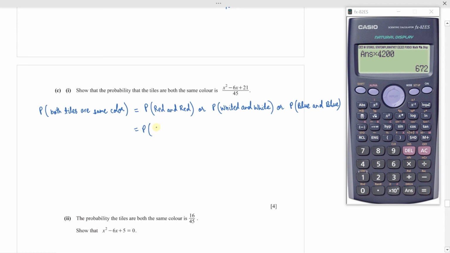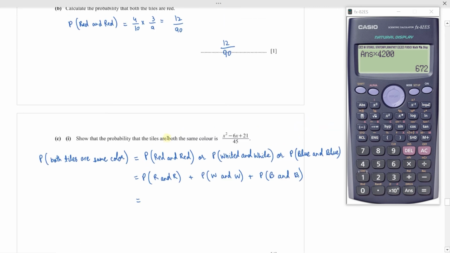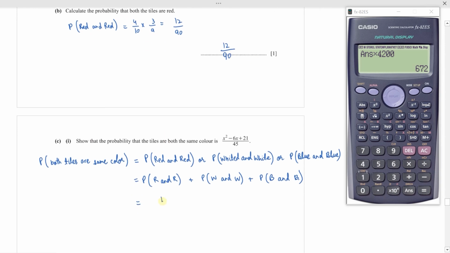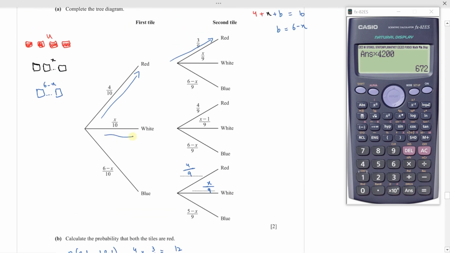I will abbreviate this, so the probability of red and red as R and R. Or means plus the probability of white and white plus the probability of blue and blue. So what is the probability of red and red? That you calculated in the previous part, that both tiles are red, is 12 over 90. So this one is 12 over 90 plus, what is the probability that you get white and white? So white, and then you get white in the second try as well.